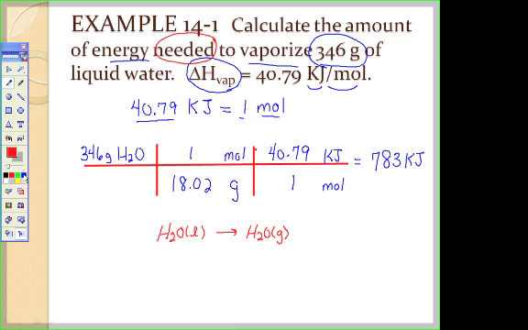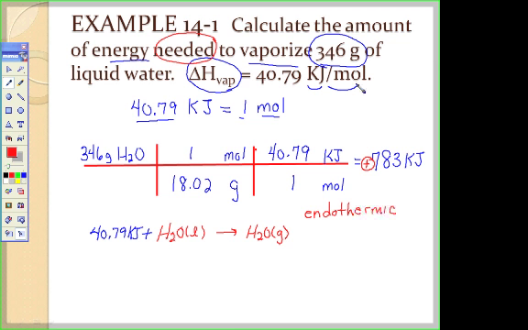Well, you'd have to put it on the stove if you wanted to force it to happen. And so that means we're adding 40.79 kilojoules as a reactant. That also means that our energy is positive. Our enthalpy is a positive value. This is an endothermic reaction.